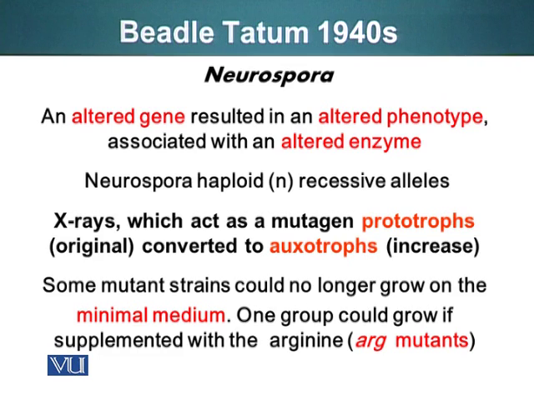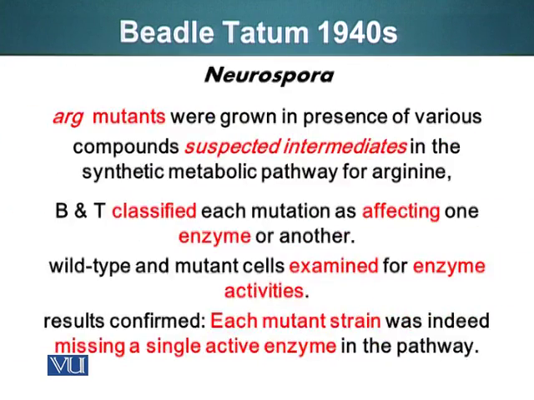They realized that if they supplemented the media with certain amino acids or certain chemical compounds, they were able to grow those mutants. Let's look at that. Mutants which required arginine plus the minimal media to grow, they called Arg mutants. And they saw different versions of Arg mutants present in the specimen.